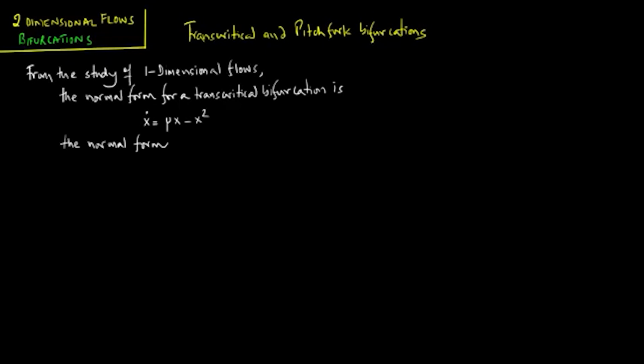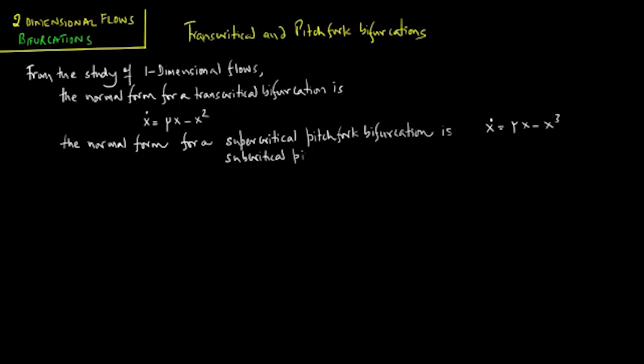The normal form for a supercritical pitchfork bifurcation is x dot is equal to mu x minus x cube, and a subcritical pitchfork bifurcation is x dot is equal to mu x plus x cube.